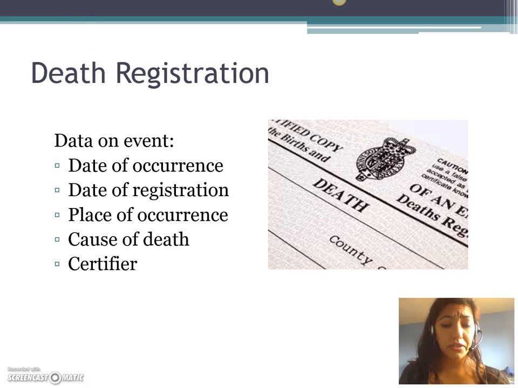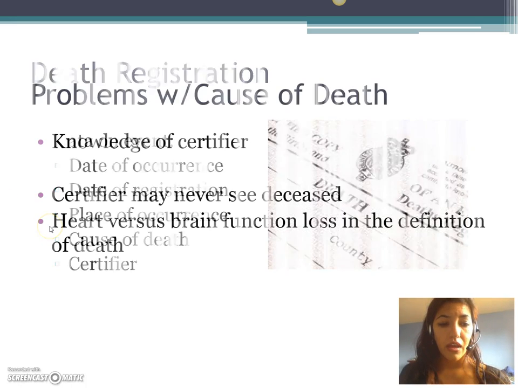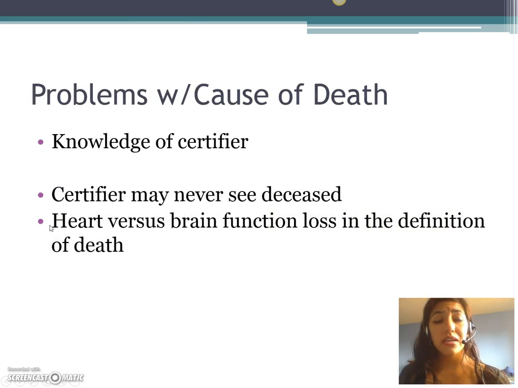Now, in terms of the death registration, the data we record is the date of occurrence, date of registration, place of occurrence, the cause of death, and the certifier who's certifying it. Problems with the cause of death include the knowledge of the certifier. Sometimes their knowledge might be limited. For example, my father-in-law died last October, and we had the nurse there, and he certified the death and documented the time.